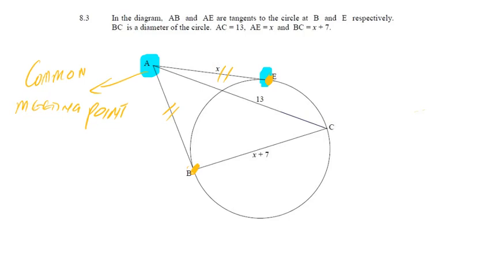So you've got two tangents that are going to the same point, which is a common point. So the reason you can give is that AE and AB share a common point, or a common meeting point. That's the reason that you can give.